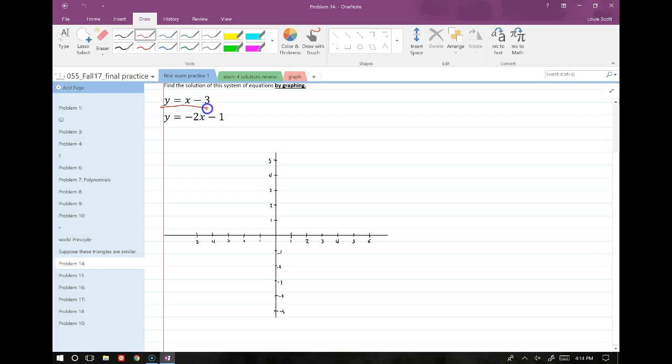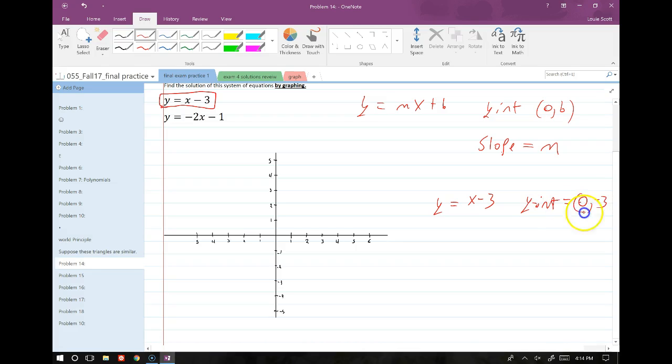So for this first equation, these are both in y equals mx plus b form, and so I have a y-intercept of 0, b for both of these, and I have a slope of m. All right, so this first one, y equals x minus 3, I have a y-intercept equal to (0, negative 3).